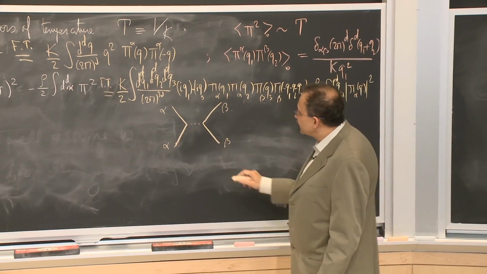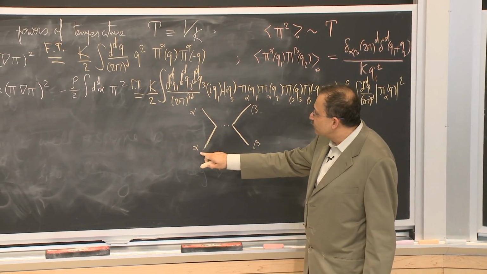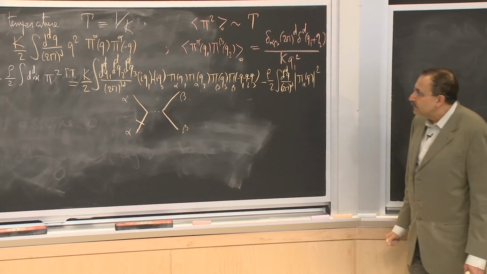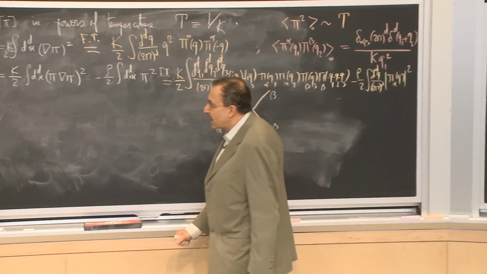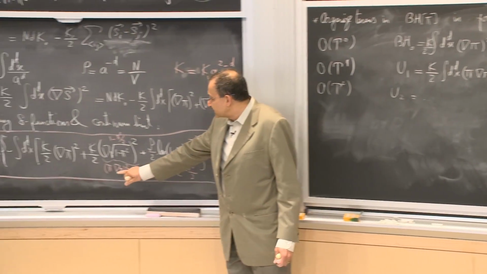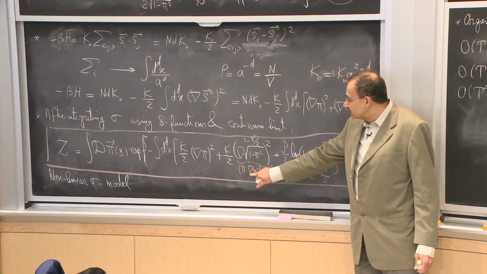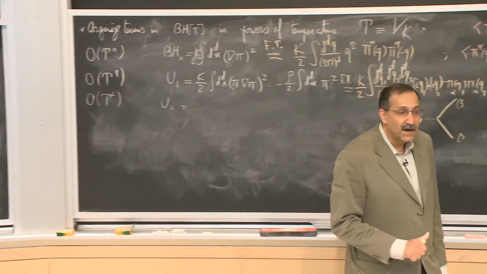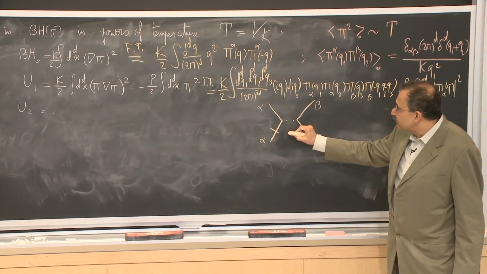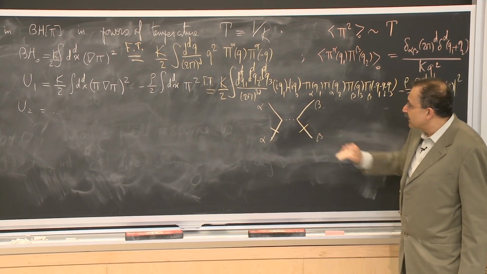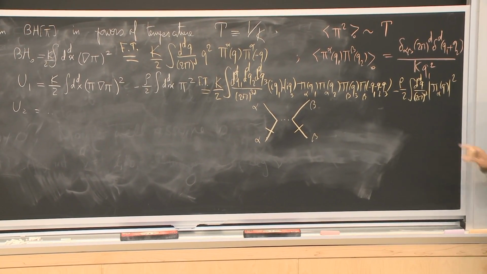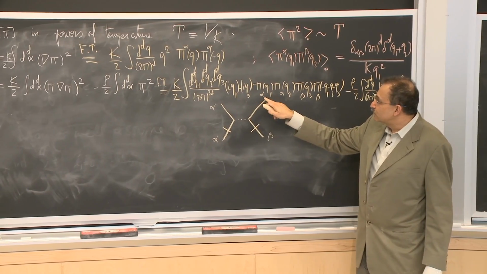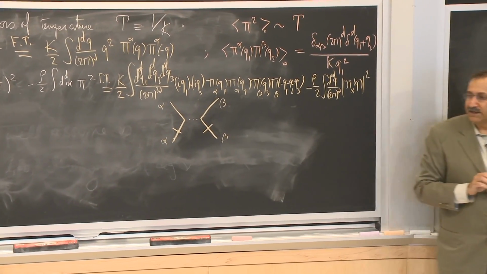And I make a convention, the branch or the Q that has the gradient on it, I will put a line. Now you can see that if I go back and look at the origin of this, one of the gradients acts on one pair of pi's and the other acts on the other pair of pi's. So the other dashed line I cannot put on the same branch, but I have to put over here. So the one constraint that I have to be careful about is that these iq's should pick one from alpha and one from beta.